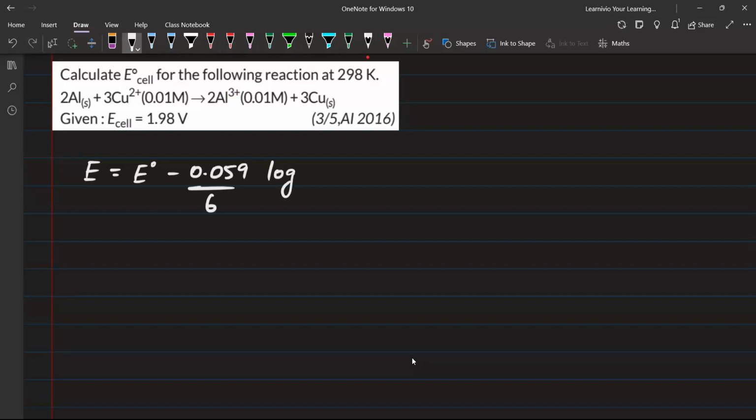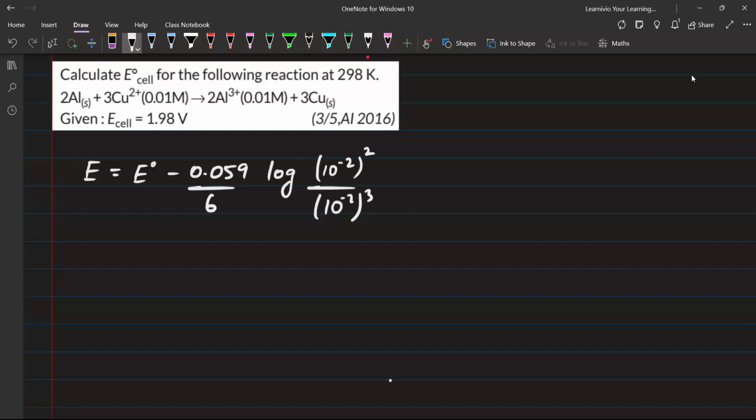Concentration of product, that is 10 to the power minus 2 squared, divided by concentration of reactant, 10 to the power minus 2 cube.